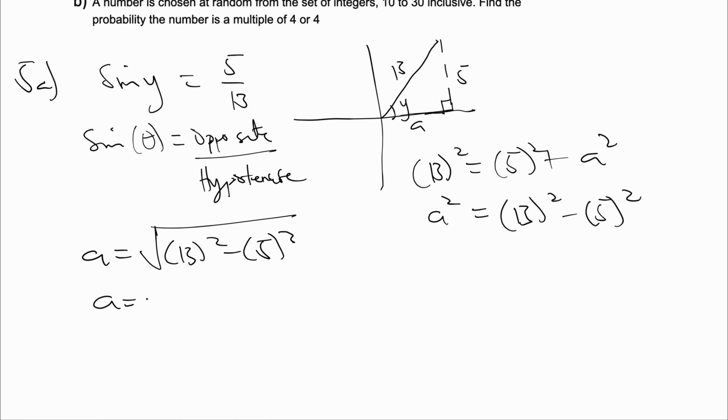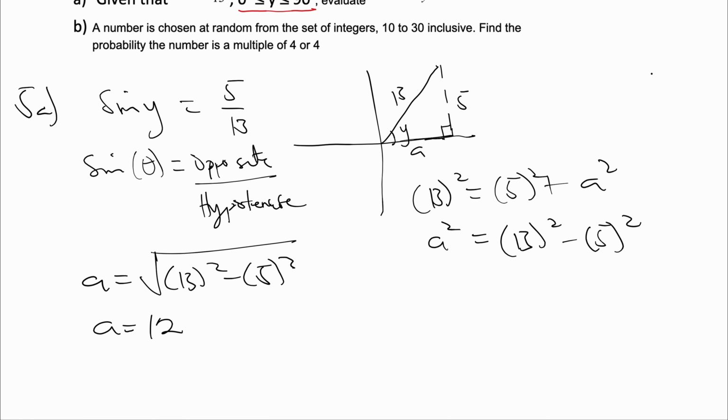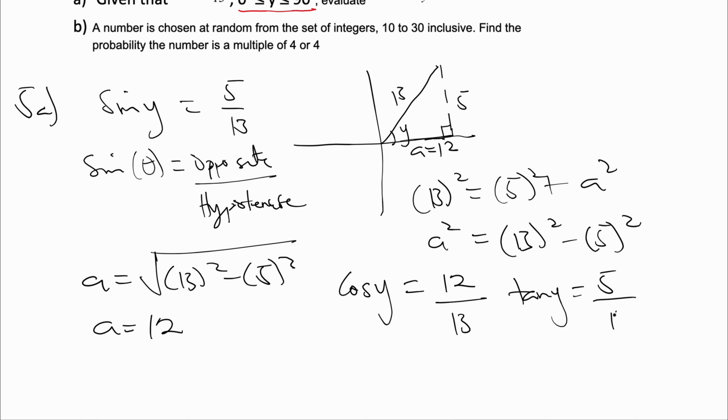Now when we punch this on the calculator, our A should be equal to 12. So then cos y, which is adjacent over hypotenuse, will be 12 over 13, and tan y, which is opposite over adjacent, will be 5 over 12.